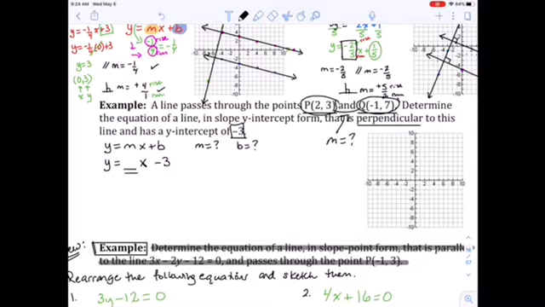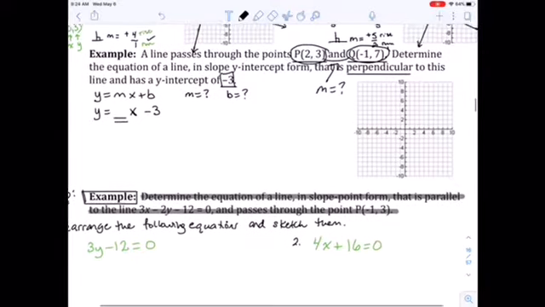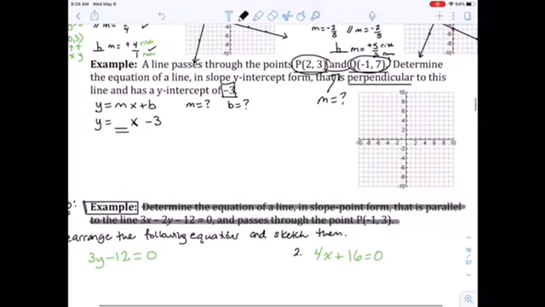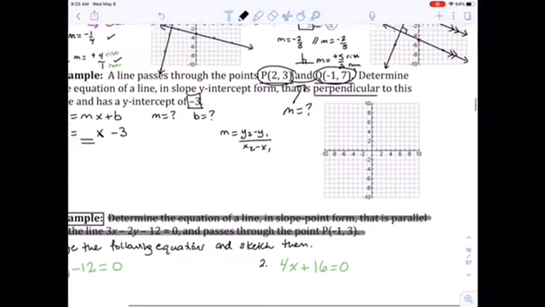Well, let's do this in two methods. First, we can use our formula for slope. What's our slope formula? Our slope formula is y2 minus y1 over x2 minus x1. And remember, that's rise over run.